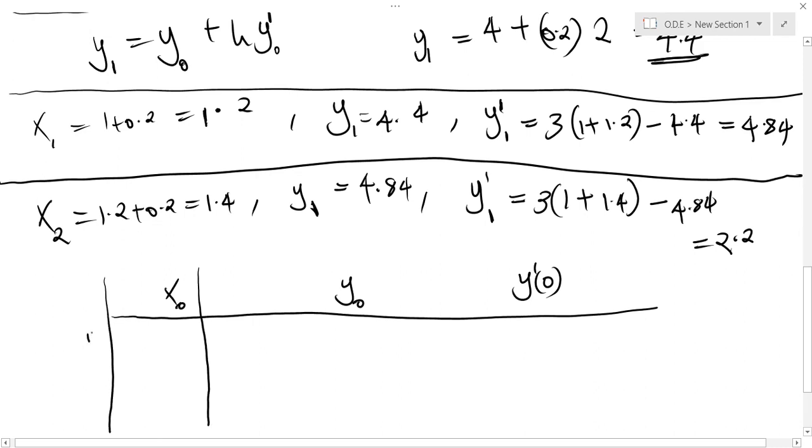The first time evaluating, we had our x naught as 1, and we got our y naught, actually we were given as 4, and then we got this as 2. Then using 1.2, we got 4.4, and then we got 2.2.